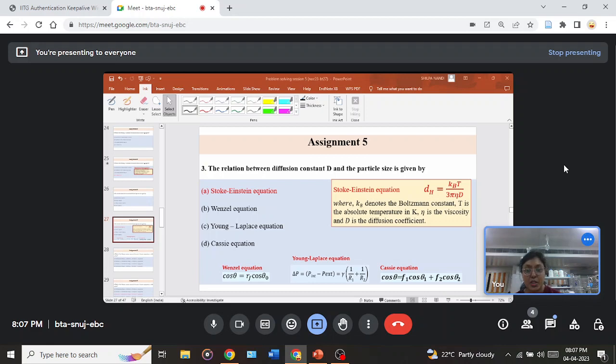Lastly, we have option D, that is Cassie equation. The Cassie equation is given as cos theta is equal to f1 cos theta 1 plus f2 cos theta 2. We already studied this particular equation in today's lecture. The Cassie equation basically gives the relation between the roughness factor, the wettability, that is the contact angle, based on the chemical heterogeneity. Why am I saying chemical heterogeneity?